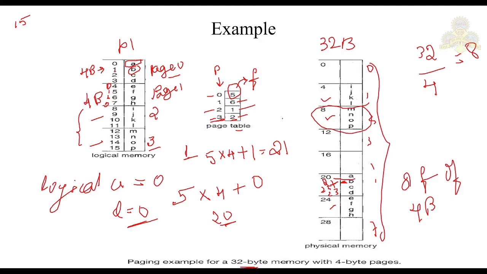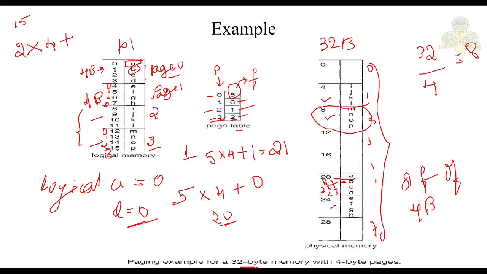Now this frame number, which is 2, has to be multiplied with the frame size, which is 4. Then it has to be added with the displacement. What is the displacement here? Even if the address is 12, 13, 14, 15, because this is a new page, you have to consider it like this: 0, 1, 2, 3, right?